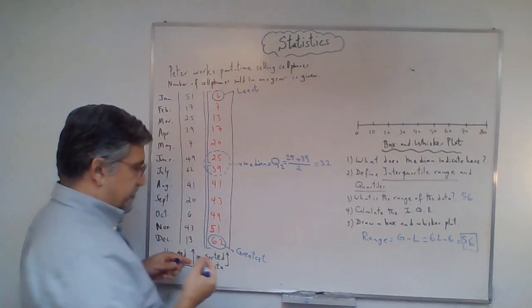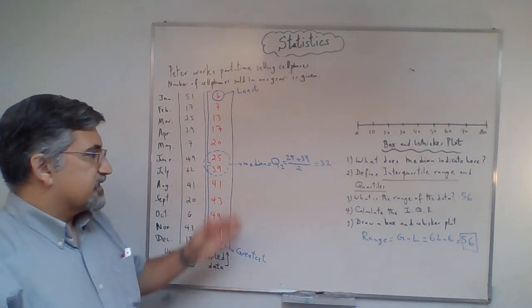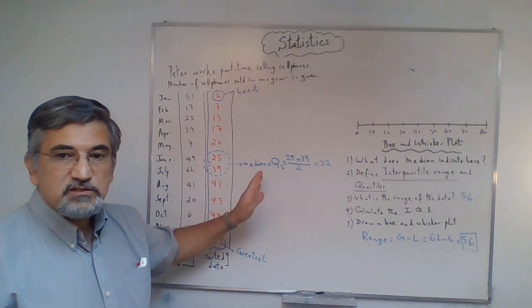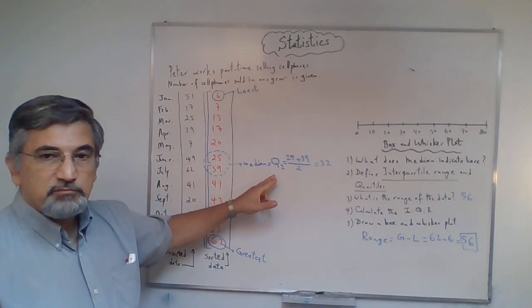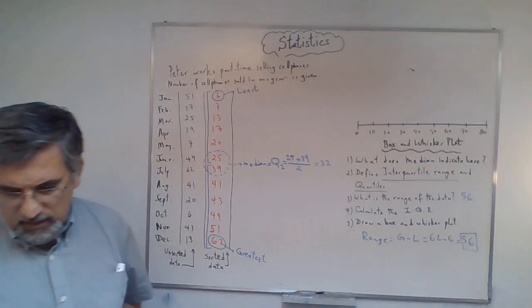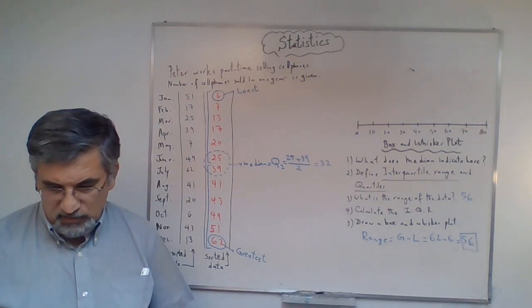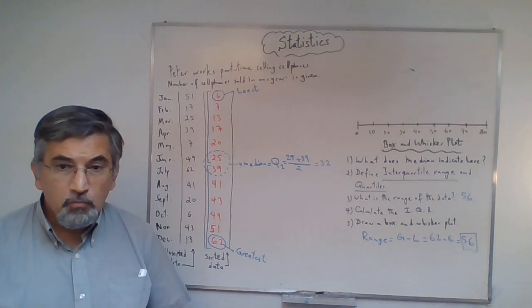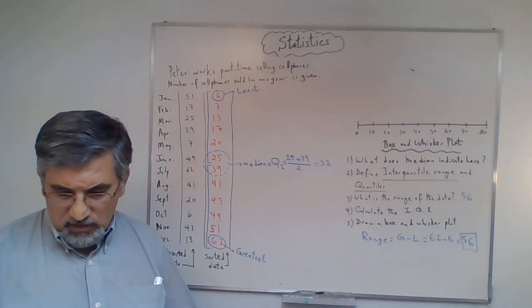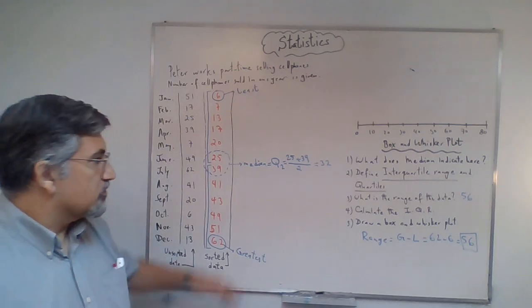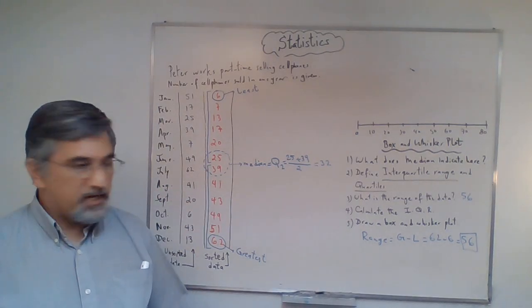So the median of this data set is 32, and it's also known as the second quartile, and it's denoted by Q sub 2. And the median indicates that half of Peter's monthly sales were more than 32 cell phones, and half were fewer than 32 cell phones. That's the meaning of the median.